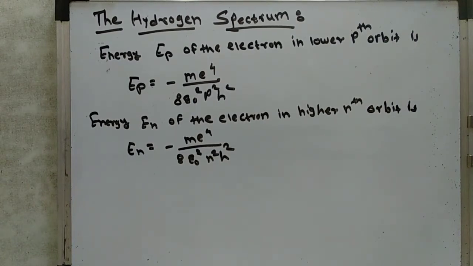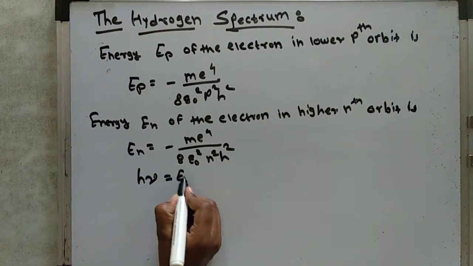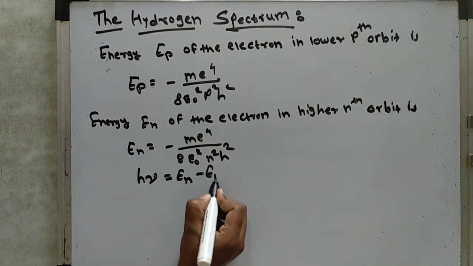When an electron jumps from a higher orbit with energy En to a lower orbit with energy Ep, then the energy emitted will be h nu equals En minus Ep.